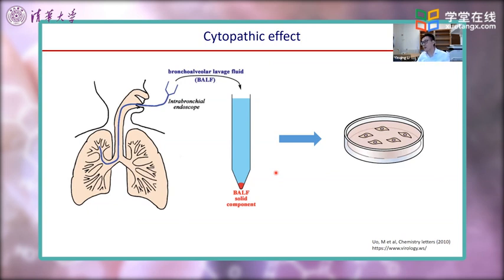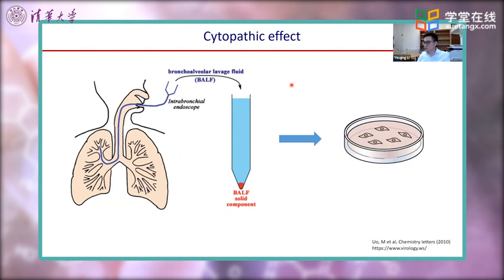Another thing that I mentioned is called the cytopathic effect. This is based on the fact that when the virus starts to proliferate inside the cell, it drains the cellular resources, and that's how it kills the cell. That will trigger the cell stress response, and the cell will start to look unhealthy and look different. This phenomenon is called the cytopathic effect.